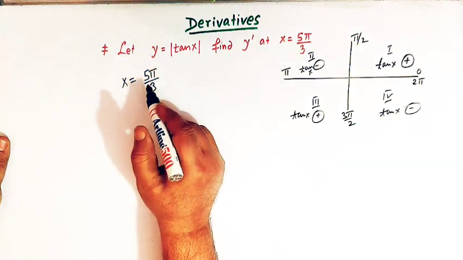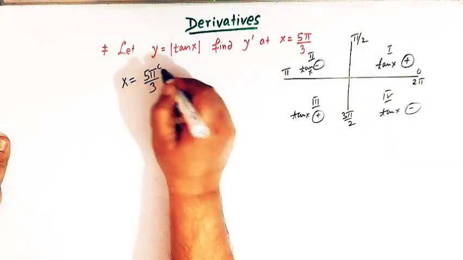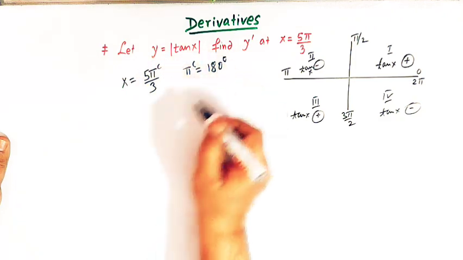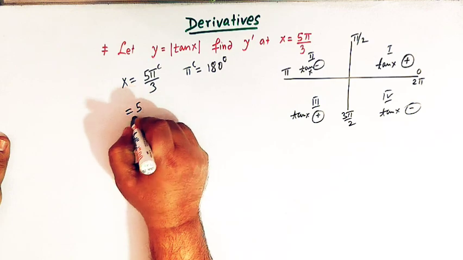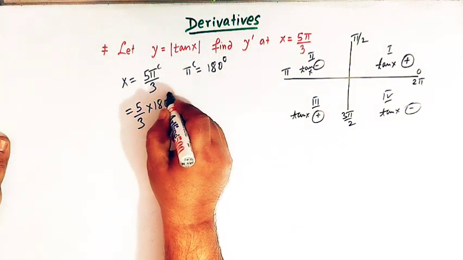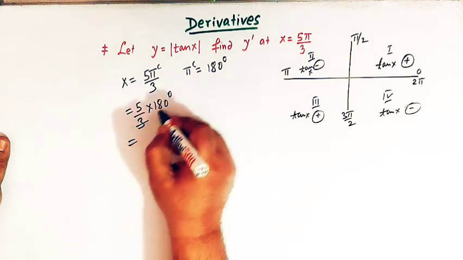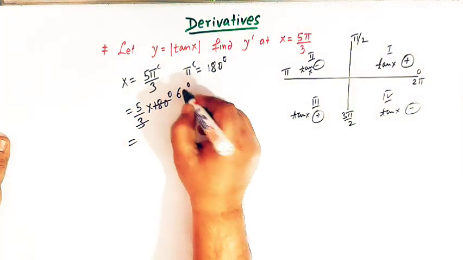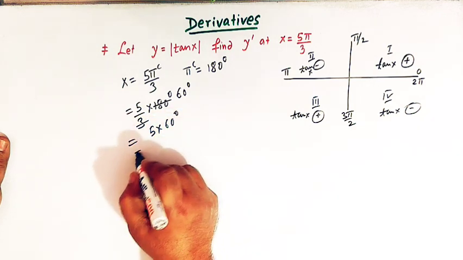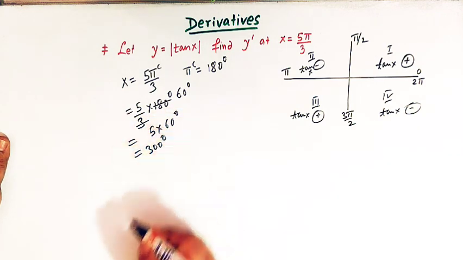So this angle is given in radians. We know that pi radians is equal to 180 degrees. So let us convert this angle into degrees. So we have 180 degrees divided by 3, that is 60, times 5, and this is 300 degrees, right?